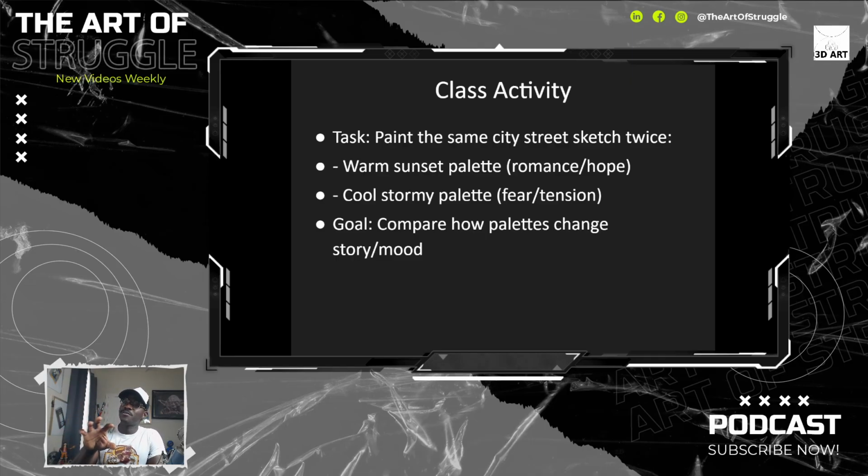How does one feel versus the other? You want to just do a test. You can do it with a character, you can do it with the city street, pretty much anything. Just find something and you can use that to make this mood change piece right here.